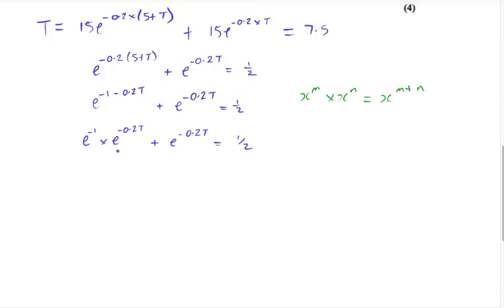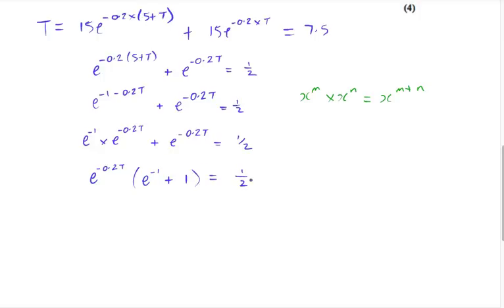Now we can see that we have e to the minus 0.2t, that's common to both, so we can take it out as a factor. And in the bracket we will have e to the minus 1 plus 1, because e to the minus 0.2t times 1 stays as e to the minus 0.2t.